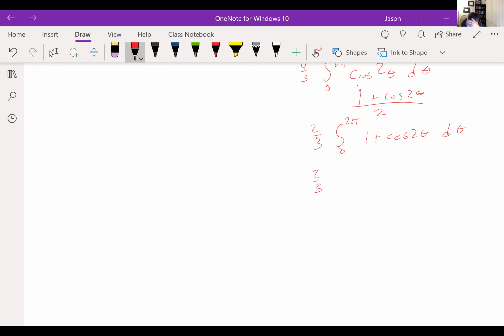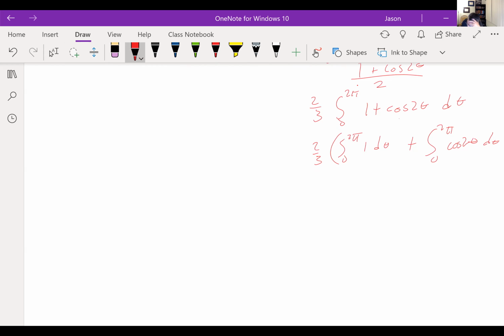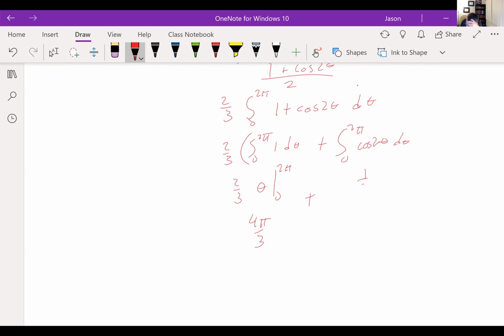It's 2/3 times the integral from 0 to 2 pi of 1 d theta plus the integral from 0 to 2 pi of cosine 2 theta d theta. So then it's 2/3. This is theta evaluated from 0 to 2 pi, which is just going to be 4 pi over 3, plus this thing is just going to be 1/2. Integrate this: this is sine of 2 theta, evaluated from 0 to 2 pi.